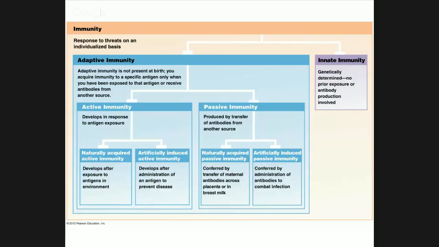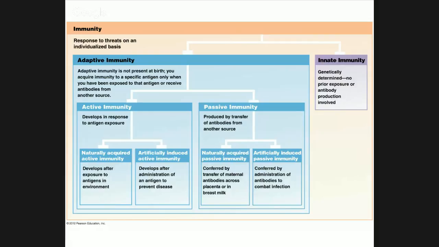If you're bitten by a poisonous snake, the toxin that the snake produces and injects into you through its fangs is going to have bad effects on your body long before your immune system can ever deal with it. Okay? The toxin that gets into your system will start destroying neurons and that sort of thing, and potentially cause death much faster than your immune system can adapt to it. So you have to get an artificially induced passive immunity through a snake bite kit.